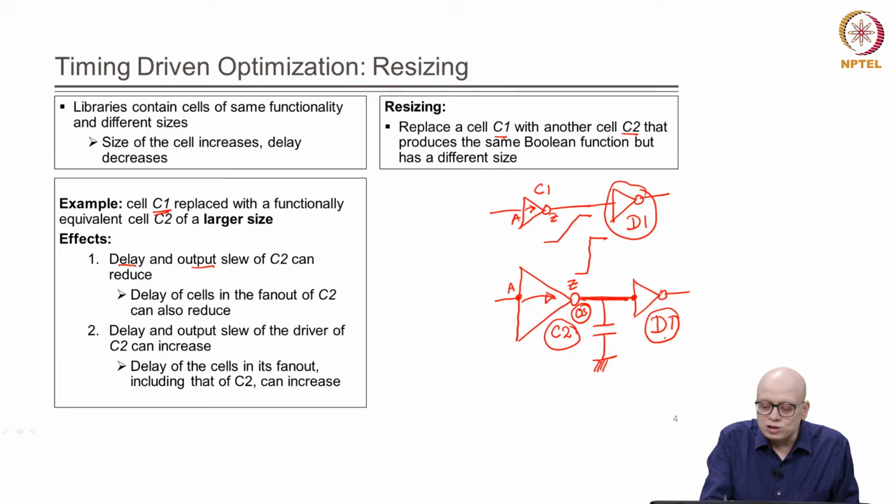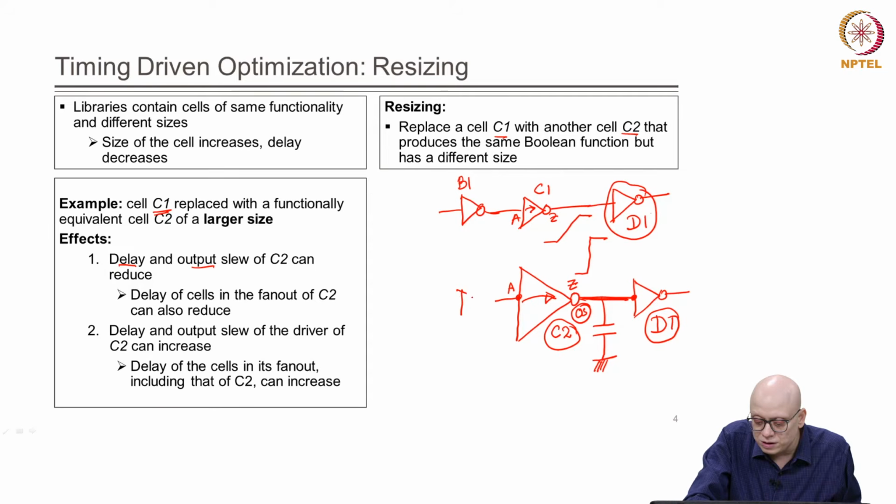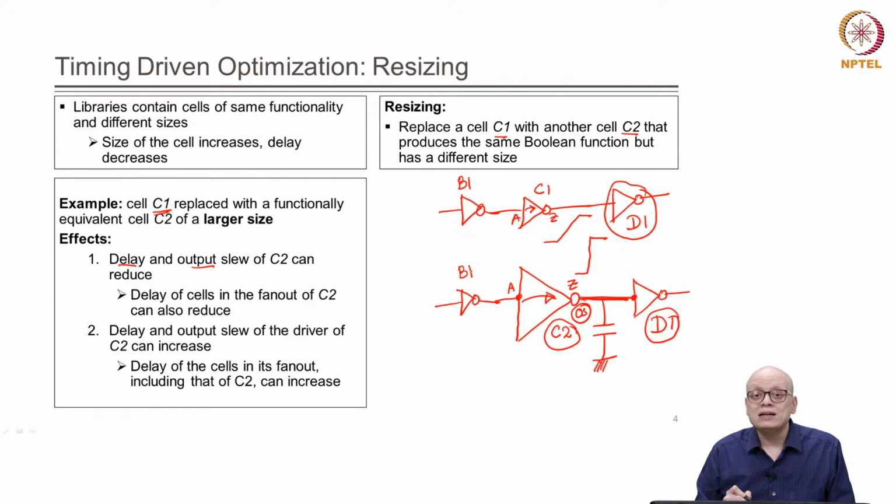Now, suppose this C1 was being driven by an inverter, whose name let us take as B1, right. Now, we are not changing the size of B1. So, B1 will also be driving C2, right. So, this is B1, right. Now, what impact the resizing of C1 will have will be seen by B1, right.